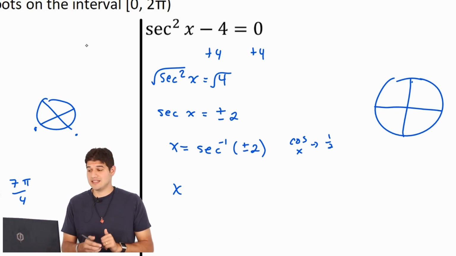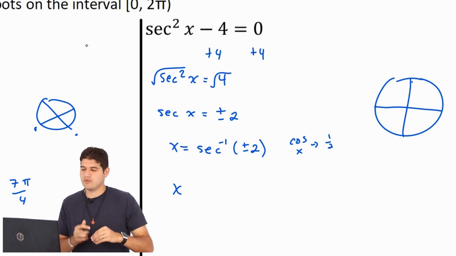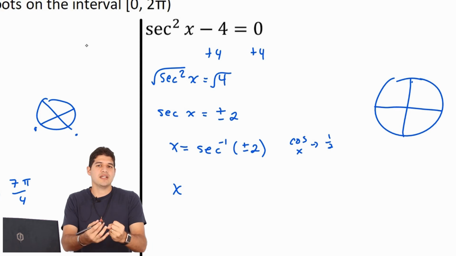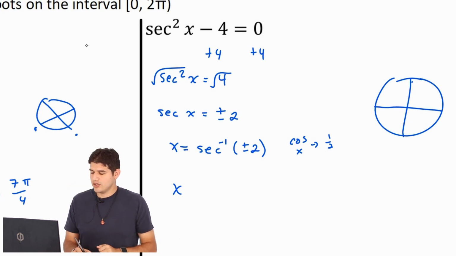We'll get the negatives in a second. So we want it where it's positive 1/2 or negative 1/2, where cosine, the x values on the unit circle, are positive 1/2 or negative 1/2. So that's going to be happening here at these pi over 3 values. Pi over 3, 2 pi over 3, down here and down here. So all the positive and negatives.